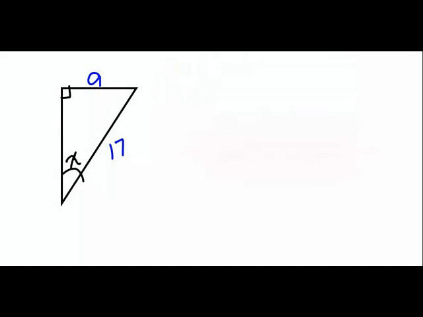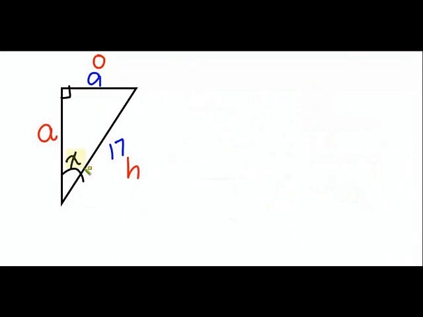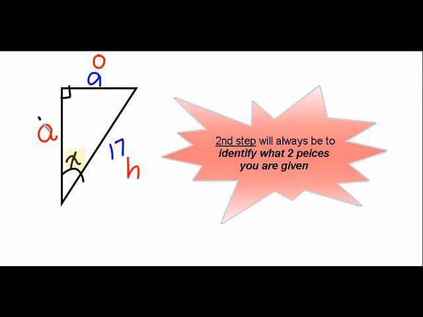What you're going to want to do is first identify your opposite, adjacent, and hypotenuse. That's always going to be your first step. From your given angle, or the angle that you're missing, identify opposite, adjacent, hypotenuse. So here's x that we're looking for. What do we know about x? Do we know the adjacent? No, no information, so we can't use adjacent.